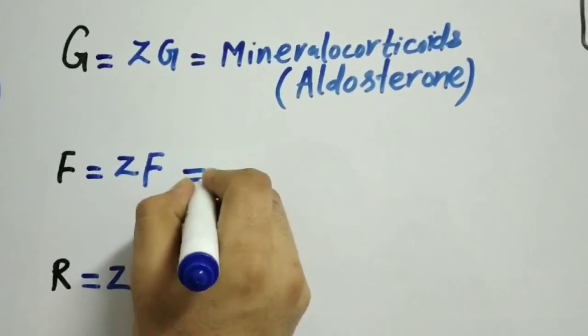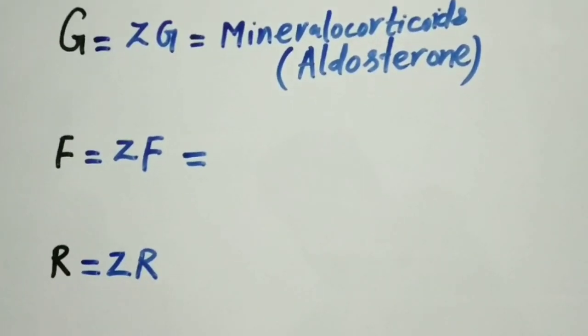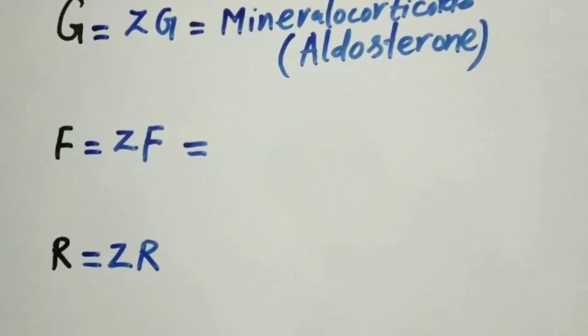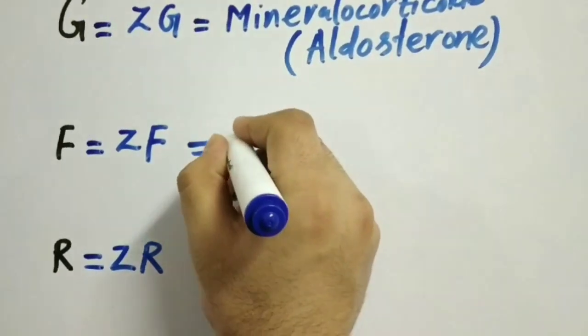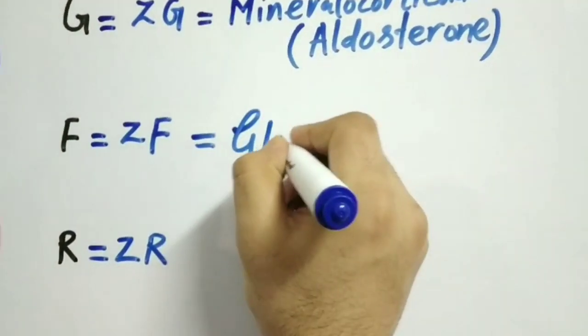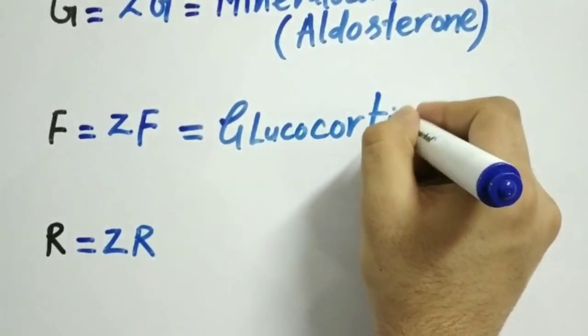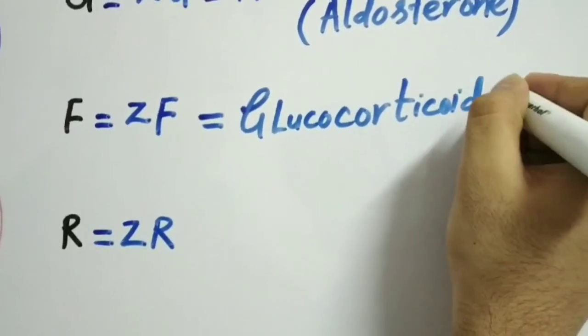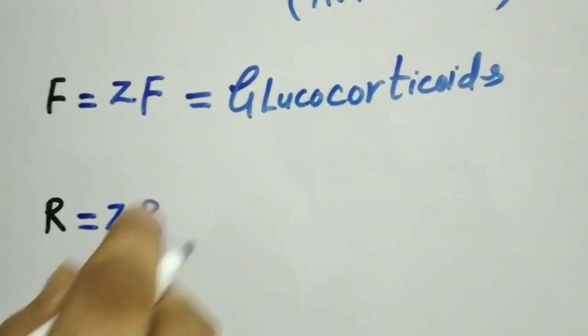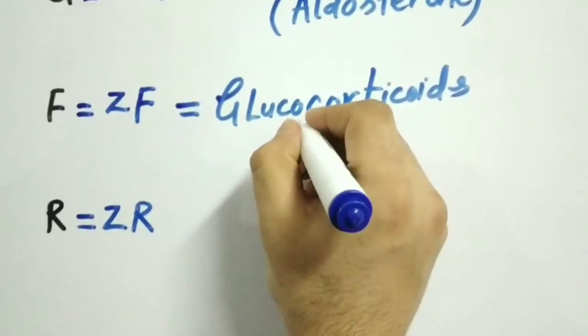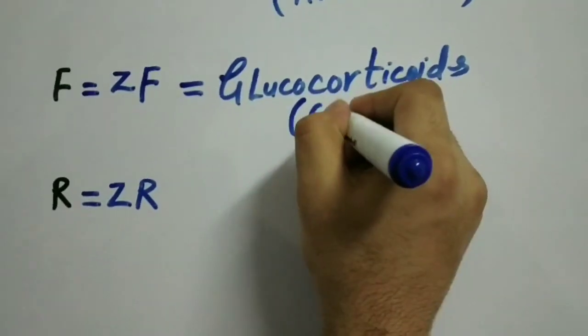Now, the zona fasciculata secretes hormones which are called glucocorticoids. You can take cortisol as an example of the glucocorticoids.